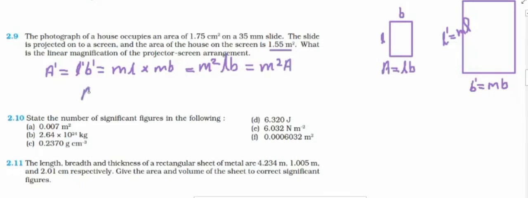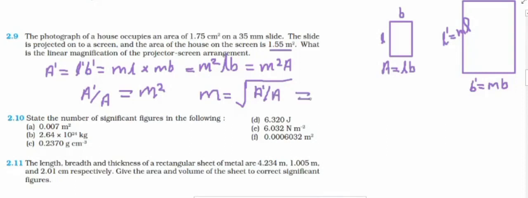Therefore, we can have A dash by A, the area of the image divided by the area of the object, is equal to M square. Or M, the linear magnification, is equal to under root A dash by A. The size of the image is given as 1.55 meter square.